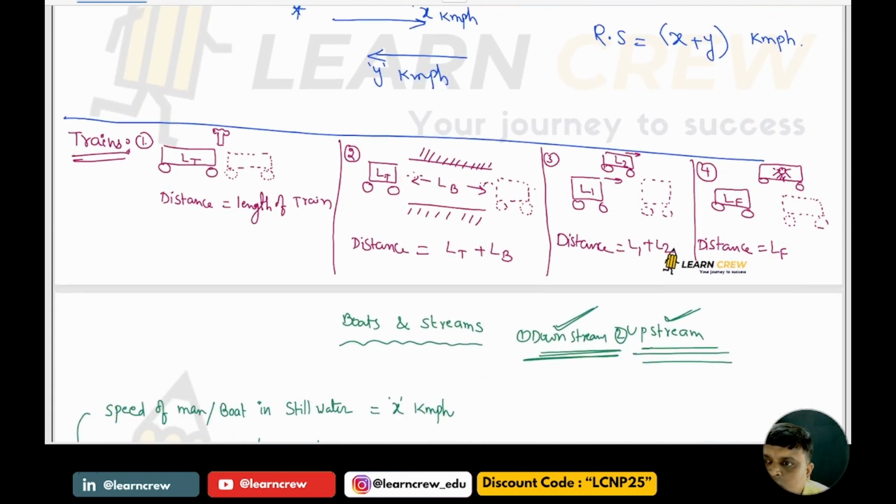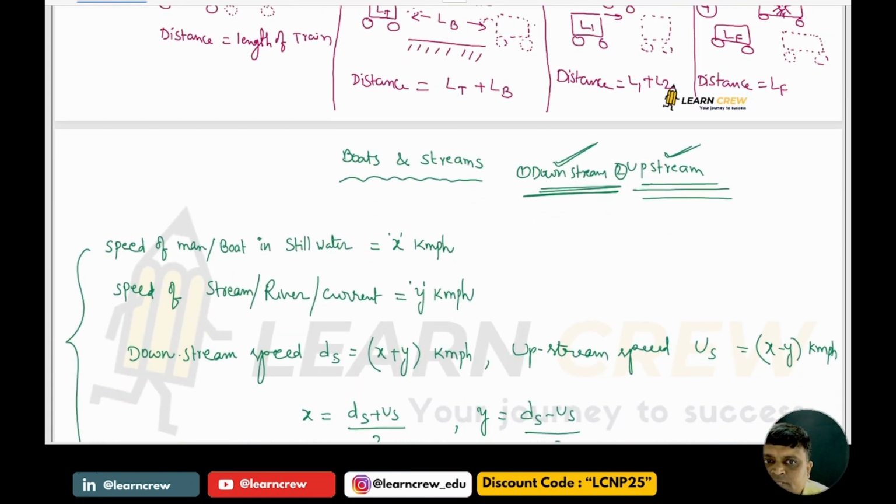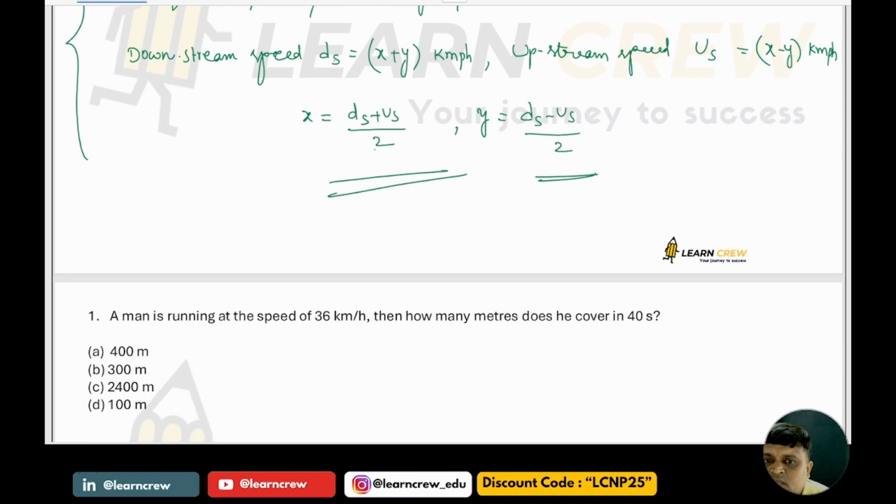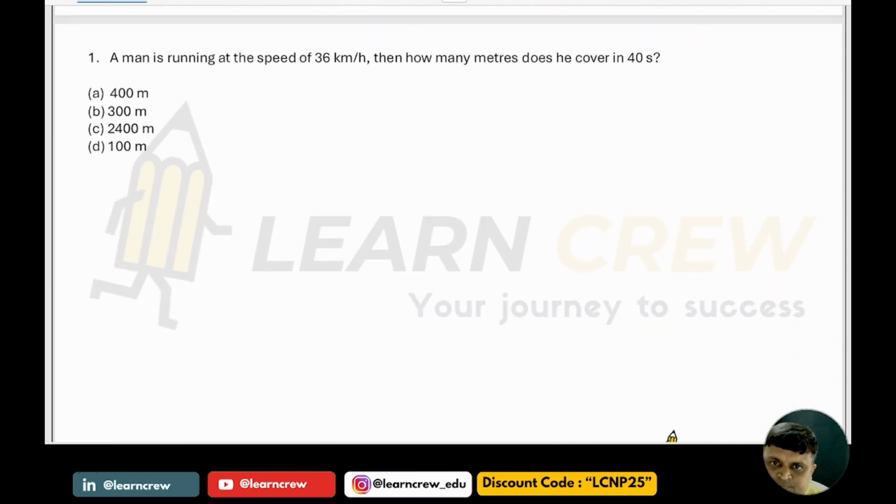And the application of time, speed and distance on trains and boats and streams we have discussed. Now let us work on the questions.